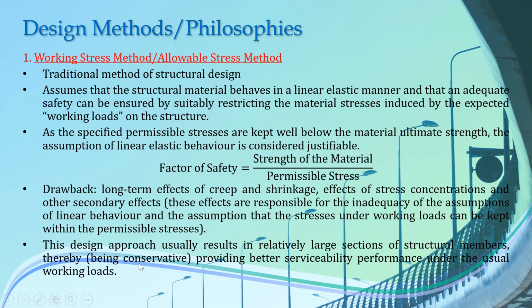This method primarily assumes that the structural material behaves in a linear elastic manner. You can see in the second point here, the structural material behaves in a linear elastic manner, and we can ensure adequate safety by restricting the material stresses induced by the expected working loads on the structure.